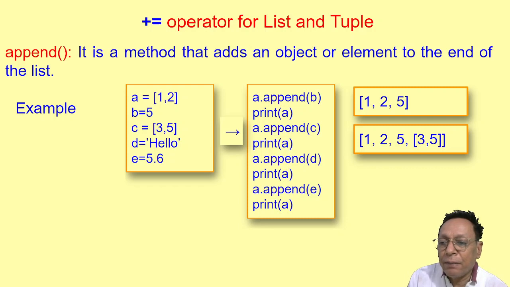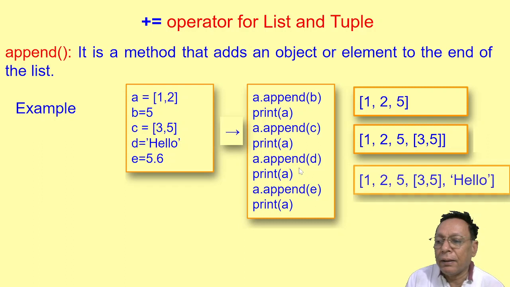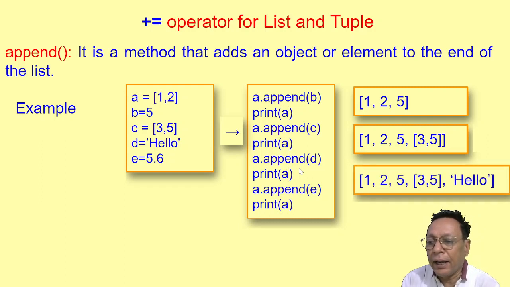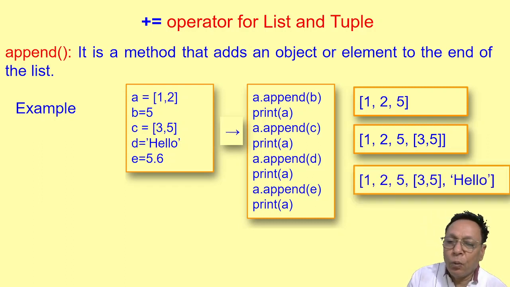Likewise, if you append D, that is hello, to [1, 2, 5, [3, 5]] and say print A, hello is appended to the end of the list.